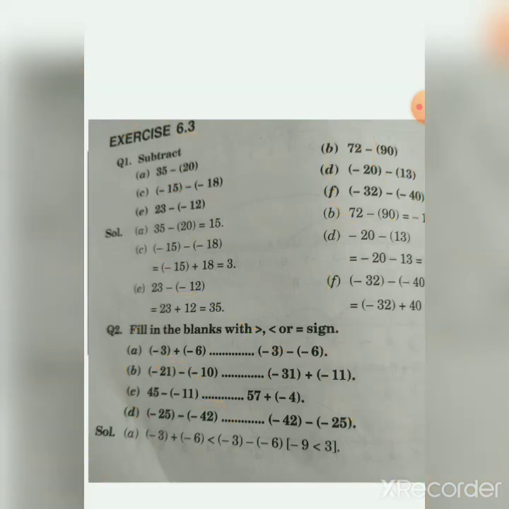So as you all know, is -9 greater or 3 greater? 3 is greater. So it means the right hand side is greater than the left hand side. Same way you can do the rest of the questions.